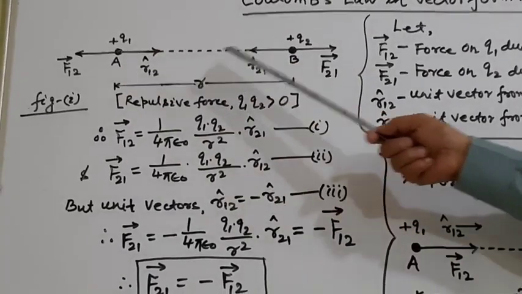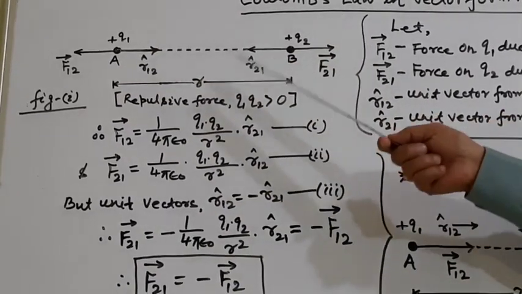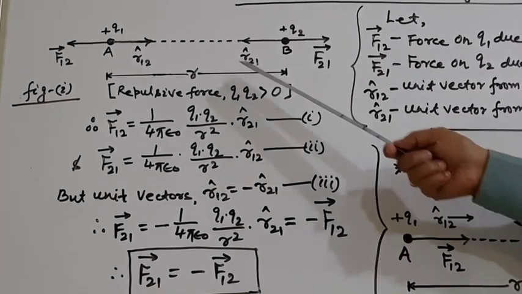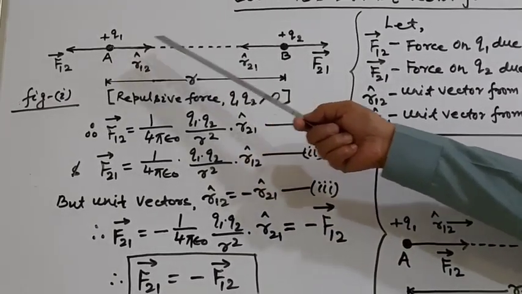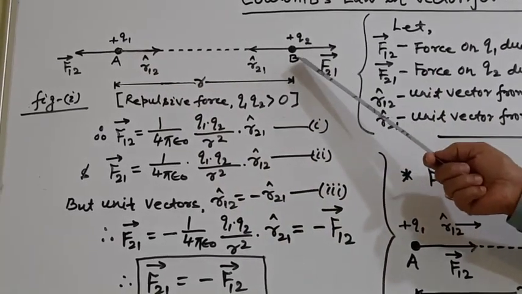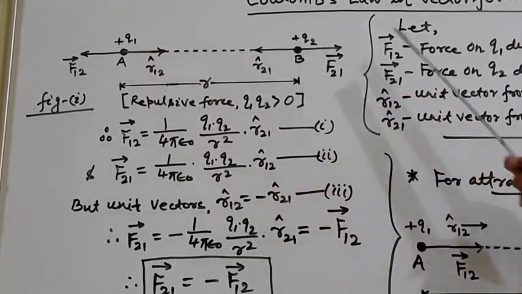Both the charges are similar, so they will repel each other with a force. Assume Q1 applies some force on Q2 and Q2 applies some force on Q1, as over here.